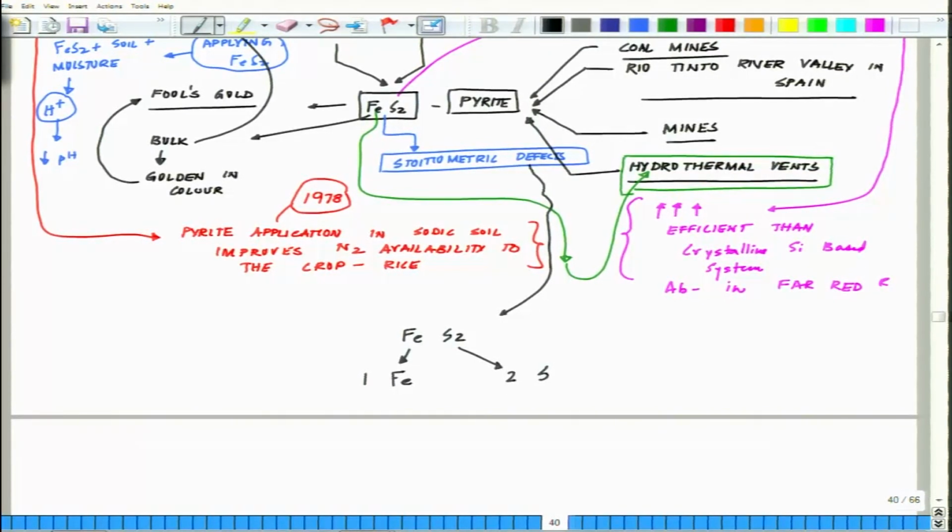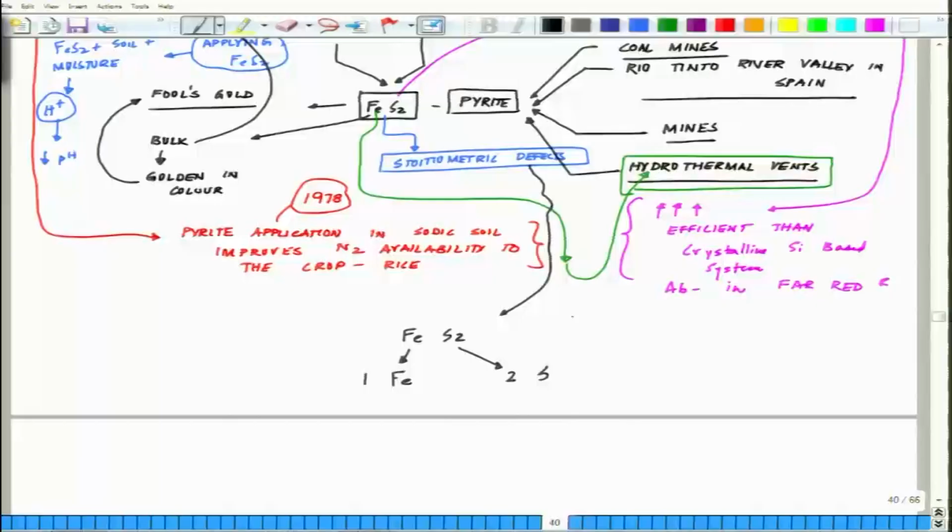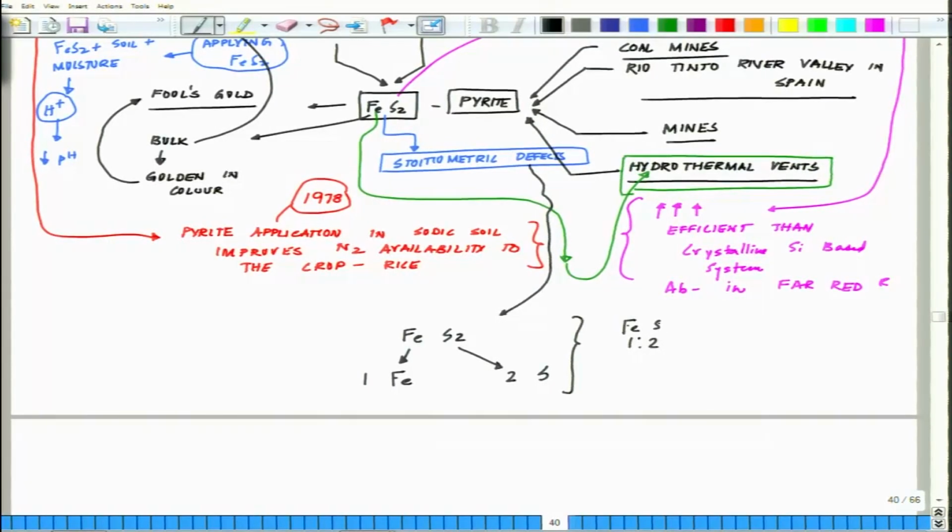Now, in real life, that is not what happens. Out of say 10 million molecules of FeS2, on the surface, or maybe slightly into the core, there will be molecules which do not balance out; the ratio of 1:2 of iron to sulfur is not maintained all the time.